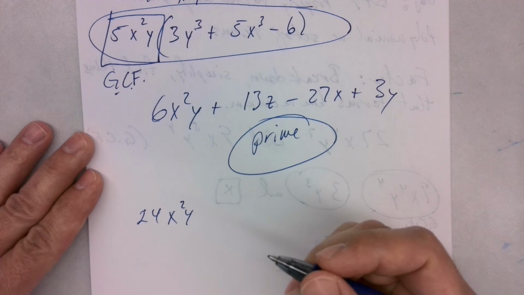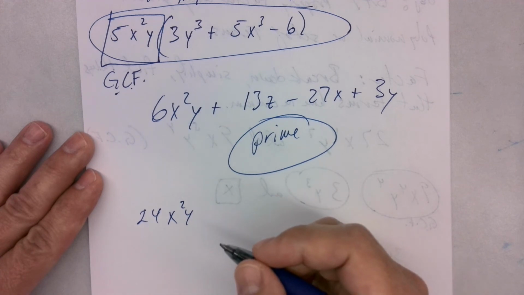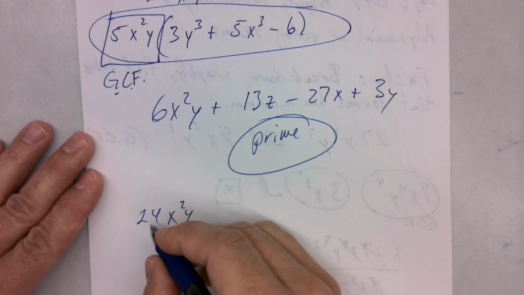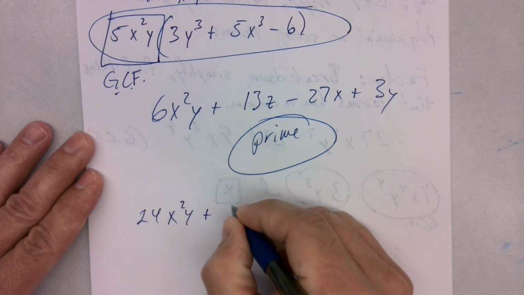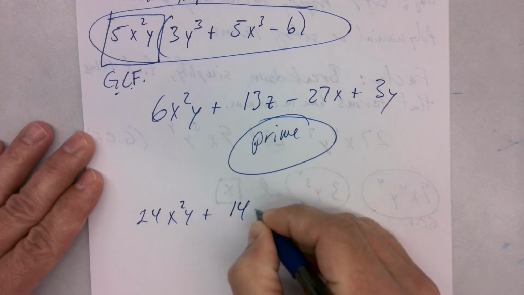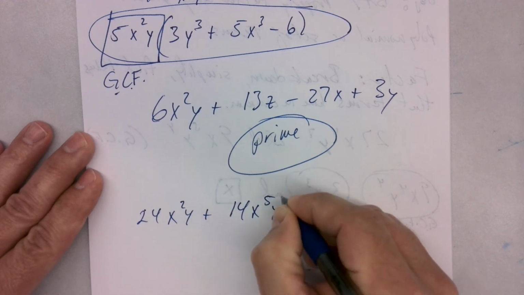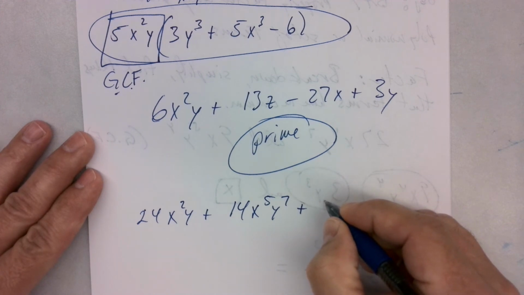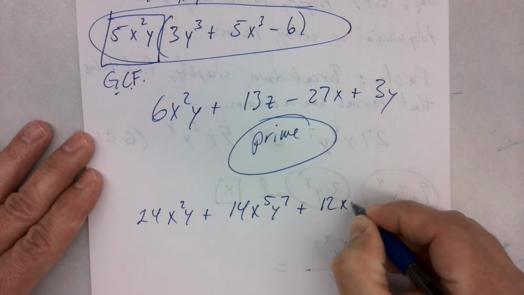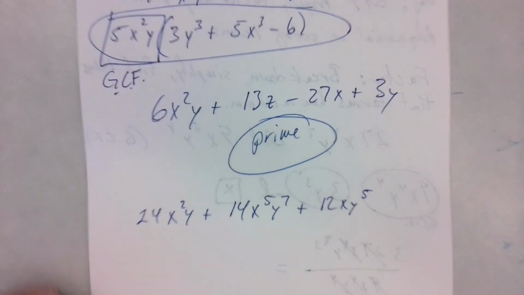So I've got 24x squared y plus 14x to the 5th y to the 7th plus 12xy to the 5th. Okay, let's say I've got that.